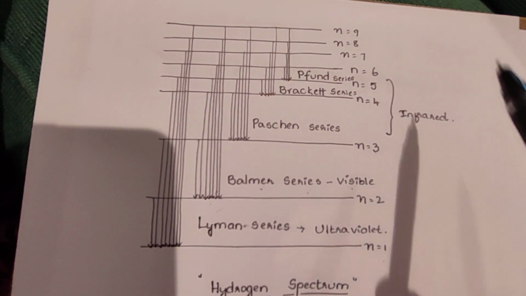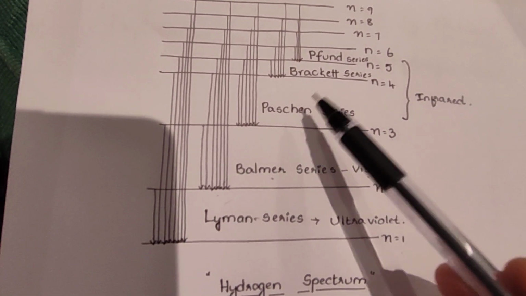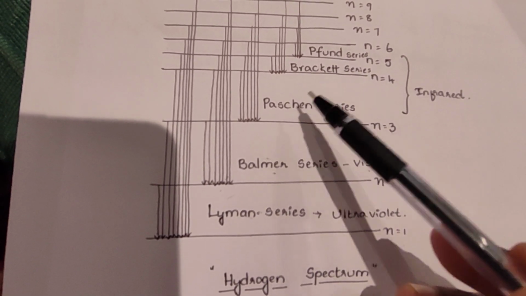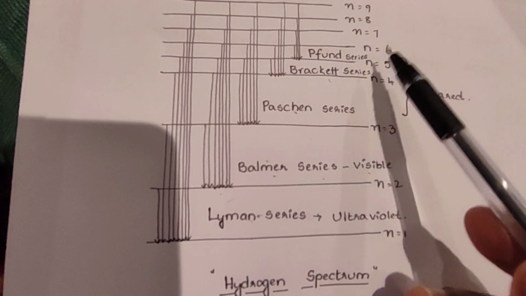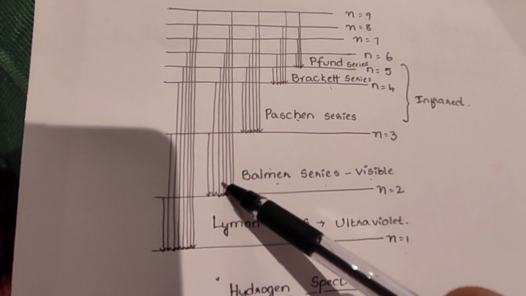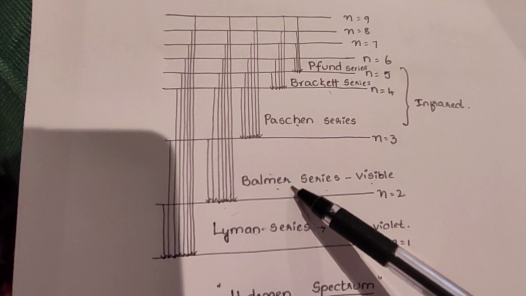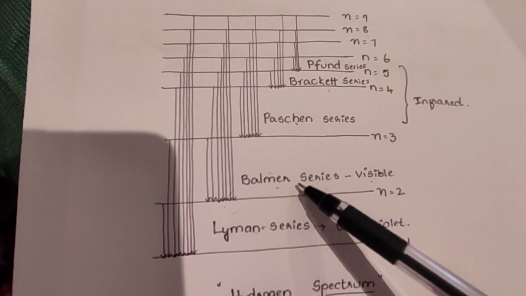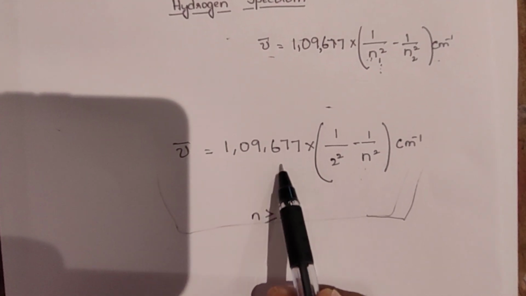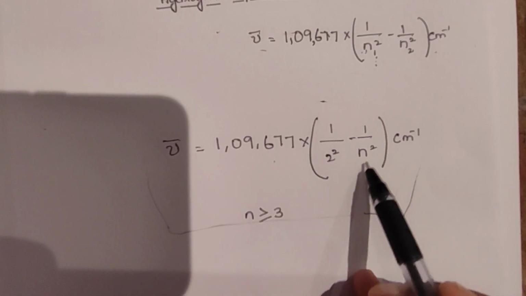This is the diagrammatic representation of hydrogen spectrum showing various spectral lines which are named after their discoverers: Lyman, Balmer, Paschen, Brackett, Pfund. To explain the spectral lines obtained in the visible region, Balmer gave an expression: nu bar is equal to 1,09,677 into 1 by 2 square minus 1 by n square.